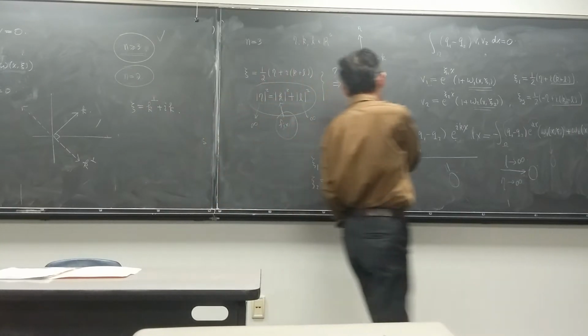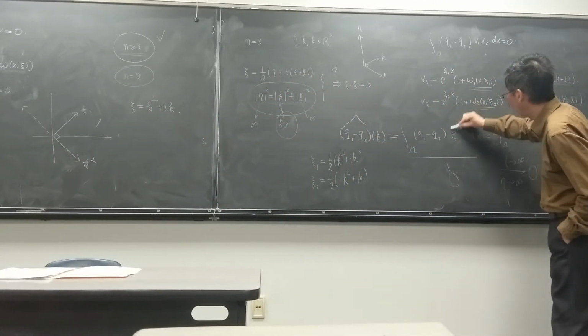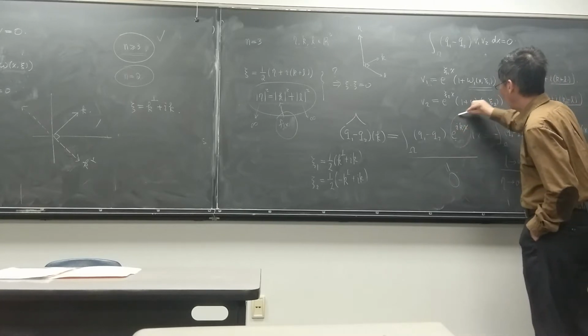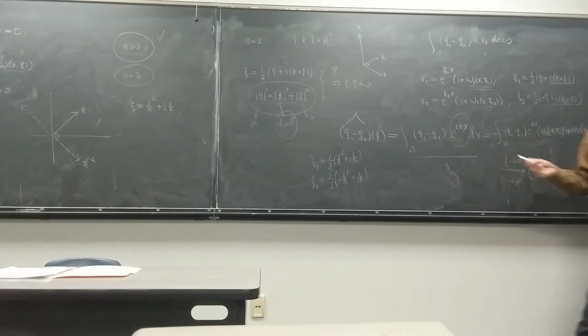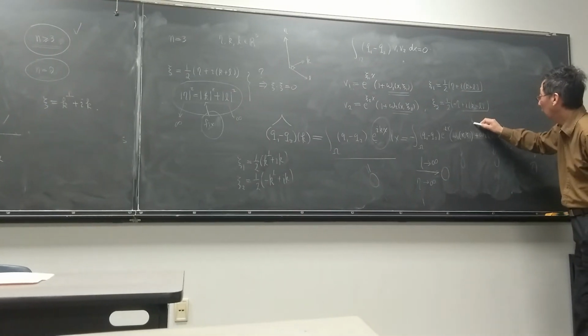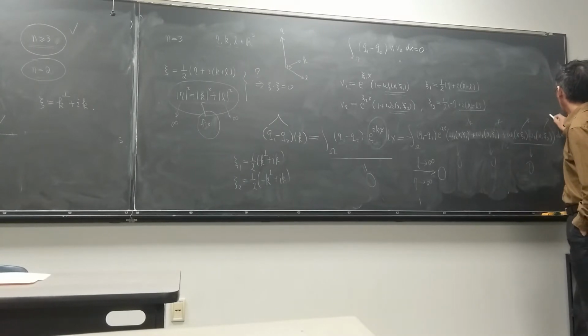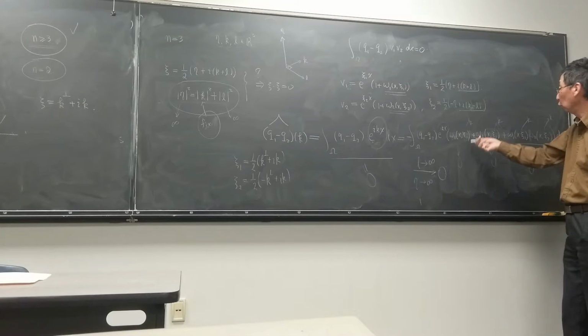So that's the only choice. If I choose this, I still end up with the Fourier transform. That's fine, but the key is that here C1, C2, they only depend on K. Only depends on K.